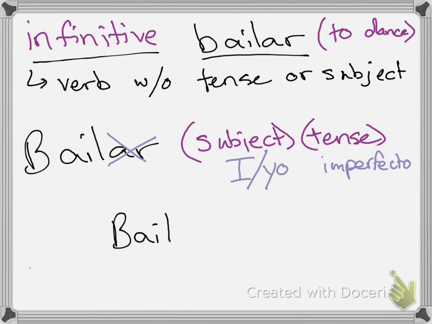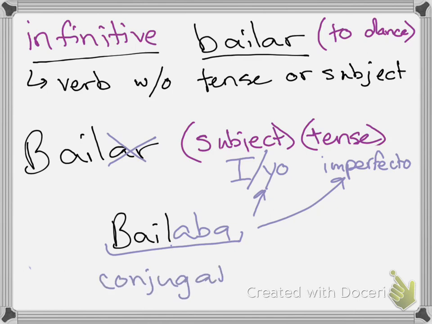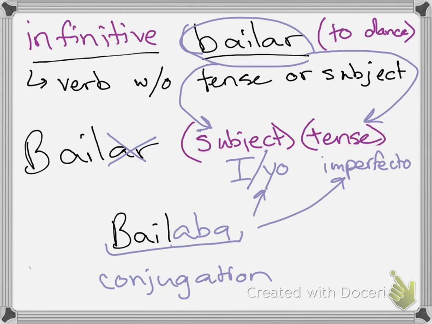So, bailaba. Okay. Once I have my verb that shows me the subject and the tense, we call this a conjugation. It's the noun form of the verb conjugar, right? Conjugation. So, what is conjugating one more time? It's taking our infinitive, taking our regular verb, our root verb, and giving it a subject and a tense. That is conjugating.